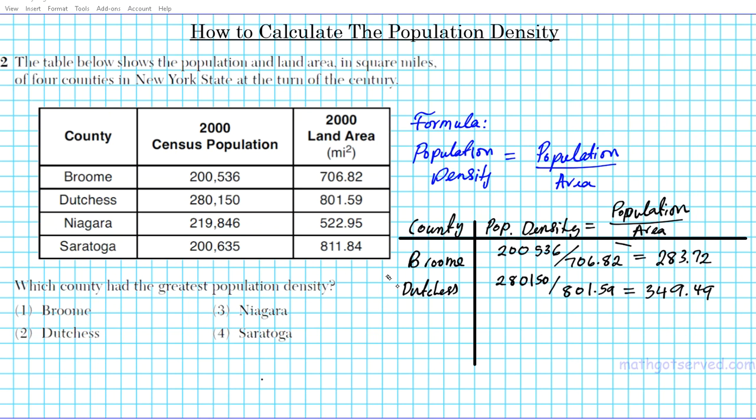Alright, so now let's take a look at the population density for the next county, which is Niagara. So for this county, we have 219,846 for the population. Divide that by the area, which is 522.95. Put that in our calculators and see what we get.